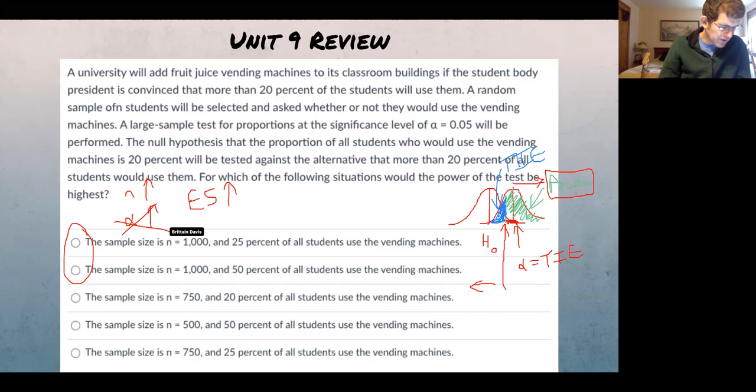Now the only other thing we can look at is the biggest effect size. So if the hypothesized proportion, this is H sub naught right here, a null hypothesis, if the null is 20, then the effect size would need to be far away from that. And right here, 50% is further away. So this would be our best answer.